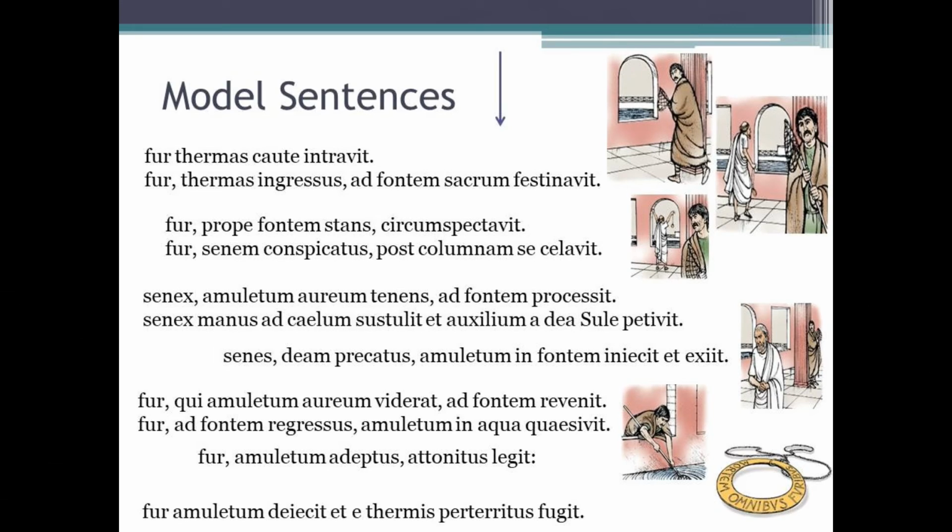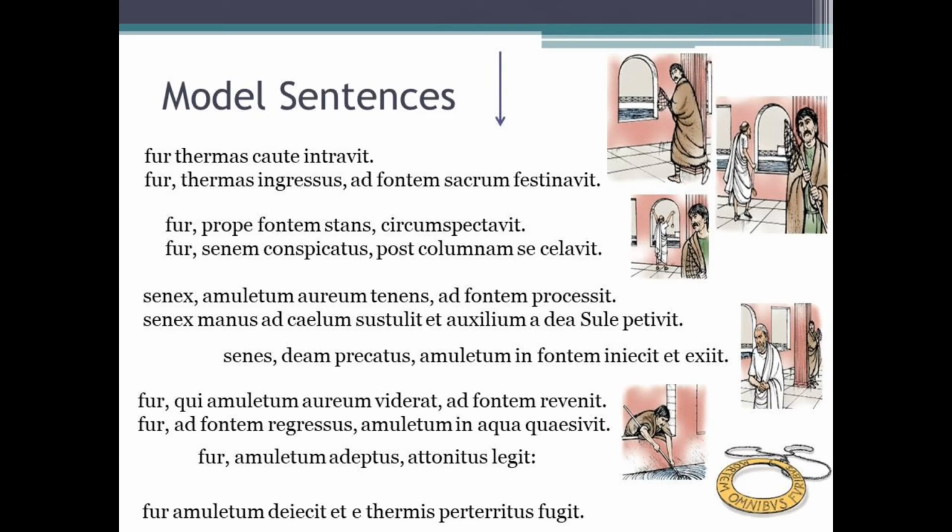Fur, qui amuletum aureum viderat, ad fontem revenit. The thief, who had seen the gold amulet, returned to the fountain. Fur, ad fontem regressus, amuletum in aqua quaesivit. The thief, having returned to the fountain, searched for the amulet in the water.